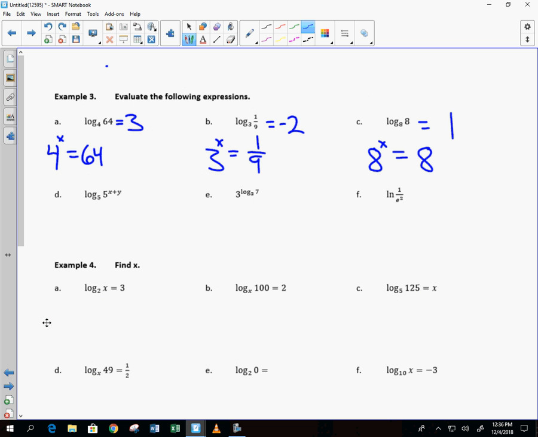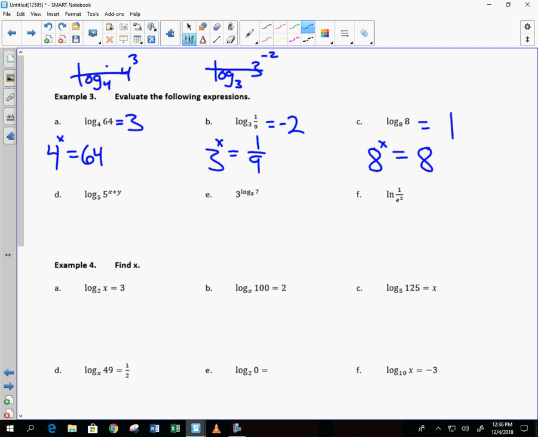Look at this. Log base 4 of 64. Watch what happens. I rewrite it as log base 4 of 4 cubed. Everybody agree that 64 is 4 cubed? They cross each other off. What am I left with? 3. See that? Log base 3 of 1/9. That'll be log base 3 of 3 to the negative 2.